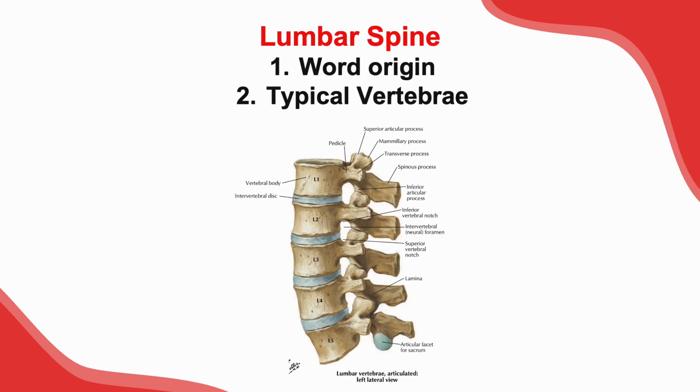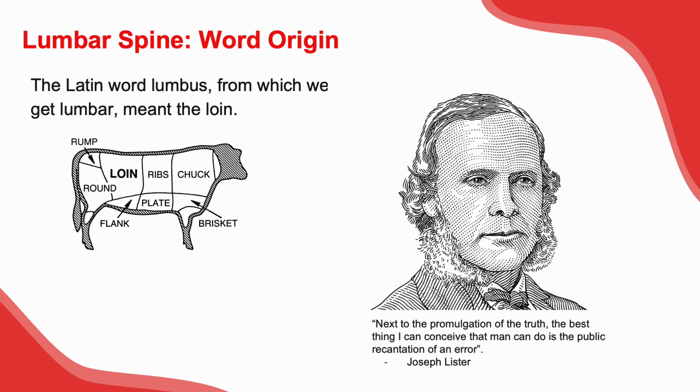Now we're going to talk about the lumbar spine. First of all, we're going to talk about the origin of the word lumbar, and then we're going to discuss the typical lumbar vertebra. The difference between the typical and atypical lumbar vertebrae is very difficult for you to identify, and it will be left for the professionals.